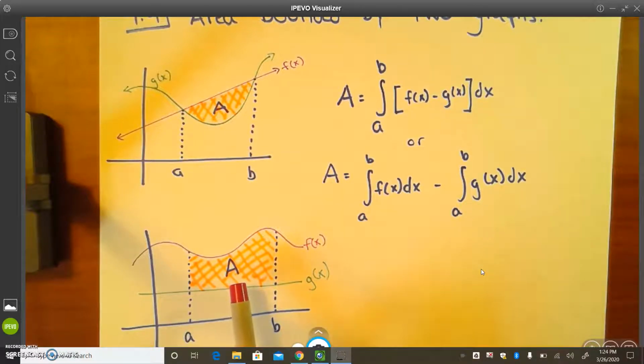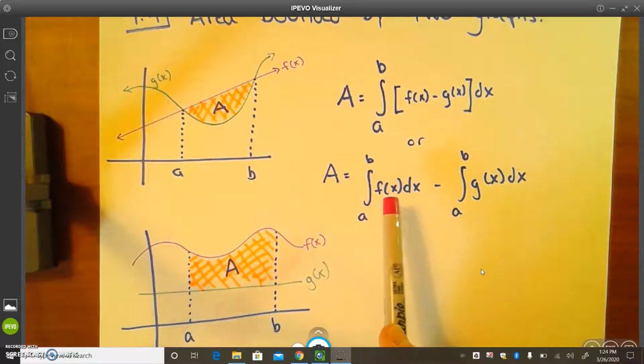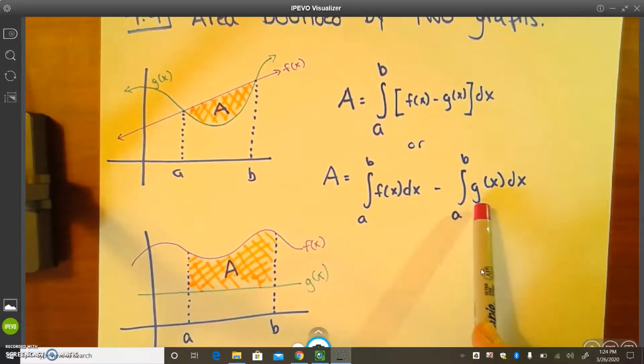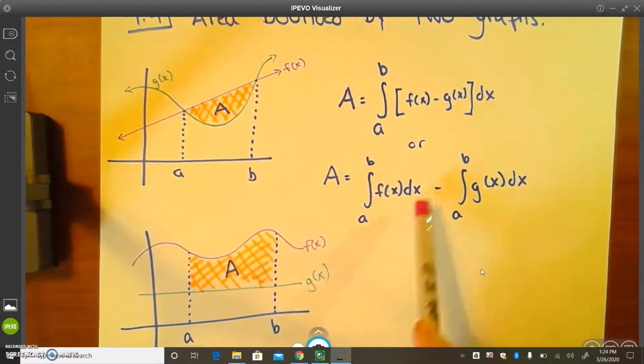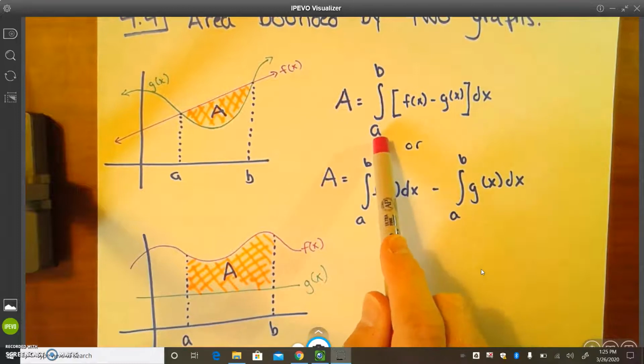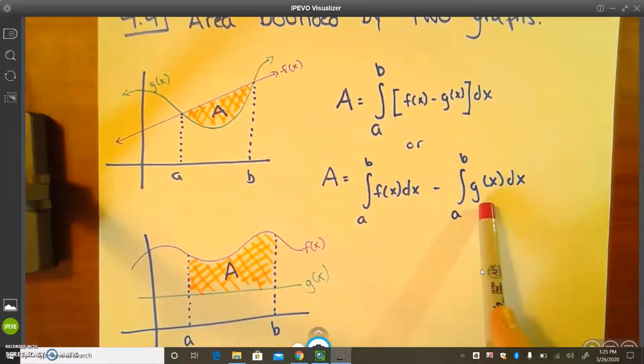So moving forward, I'm going to be under the assumption that you have graphing calculators at your access. And you'll always be able to understand, okay, here's my upper function. That's going to go first, minus g of x, my lower function. And again, either one of these notations is fine. I suspect more students are going to use this one because then you only have one integral rather than two.